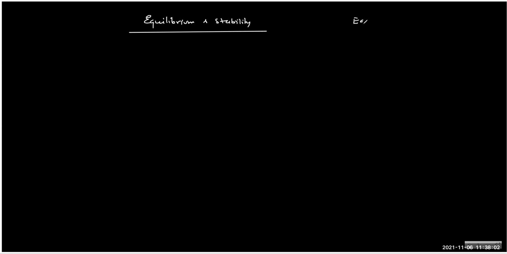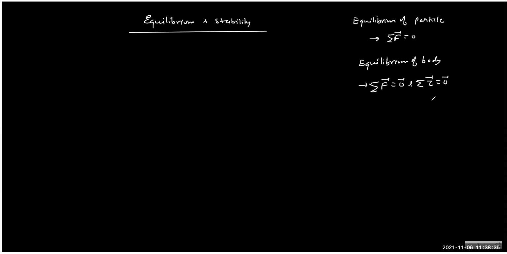So equilibrium of particle refers to when net force is zero. Equilibrium of body, when we have a shape dimension, demands two things: that net force must be zero, as well as net torque must be zero.